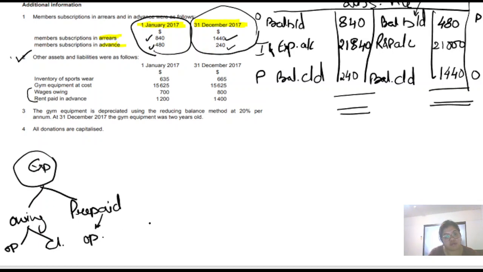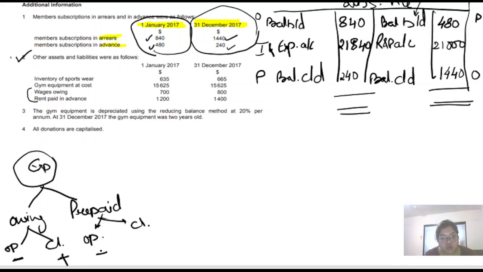Again, prepaid also has an opening balance and a closing balance. Okay, so what you have to do, because owing is your liability, the closing value of the liability you have to add, the opening value of the liability you have to deduct.